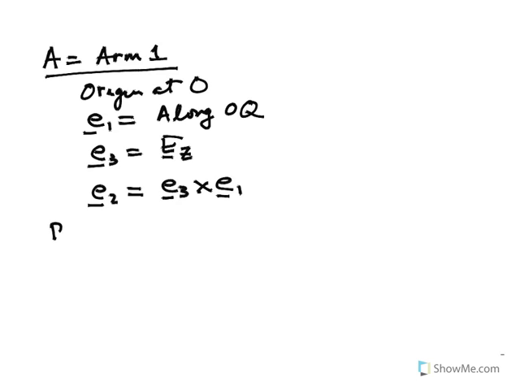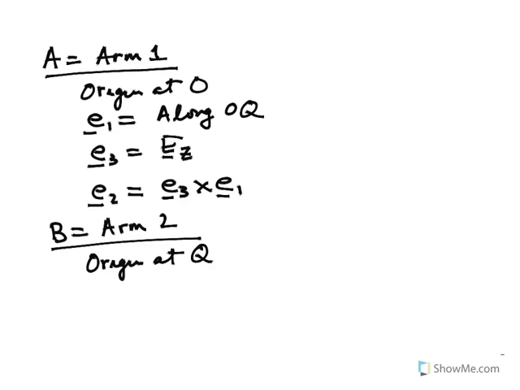And then the last reference frame, which is the second arm, the coordinate system fixed in that frame, is going to have its origin at Q. And the reason I'm putting the origin at Q is because Q is fixed in the second arm. And I have to pick my coordinate system such that the origin is fixed in the frame in which I'm defining the coordinate system.